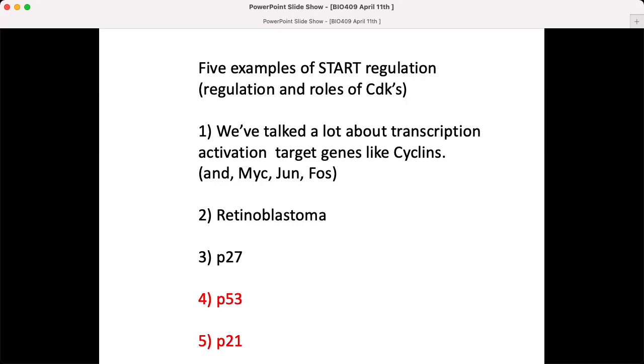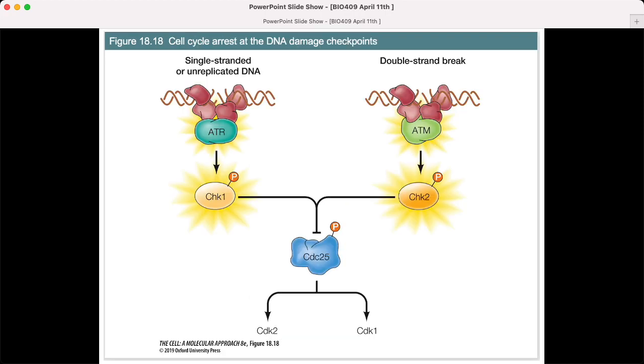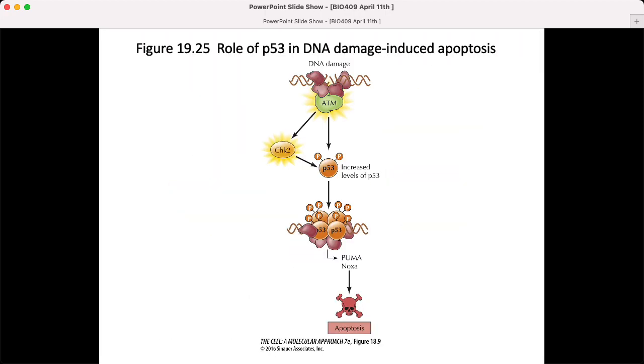That loops us back to chapter 18, and our book has nice figures about that in chapter 19. It shows that visually really well. And again, we don't need to name Puma, Bad, just that these are pro-apoptotic factors, family members that would be trying to kill the cell.